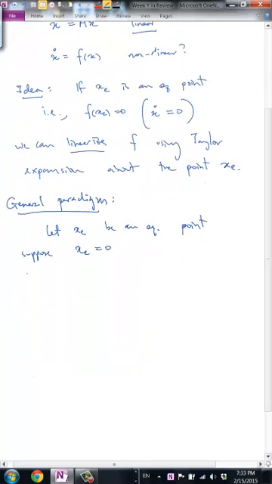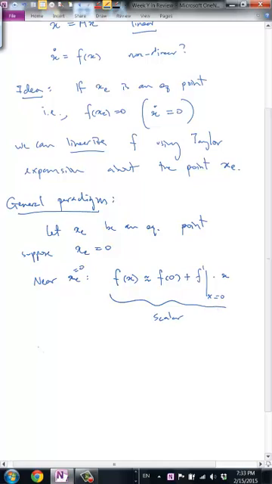Then Taylor expansion says that near xe equals 0, f of x is approximately equal to f of 0 plus f prime evaluated at x equals 0 times x. This is now in the scalar case.